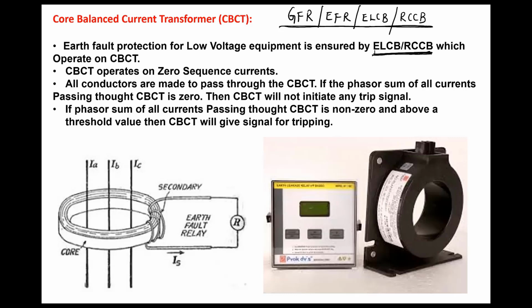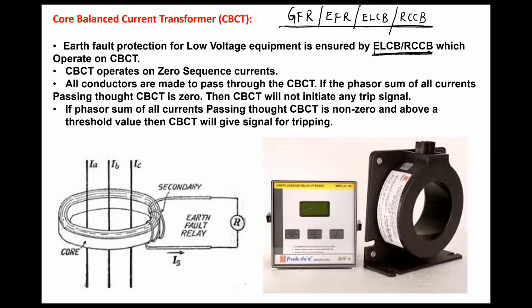The functionality is that whenever there is some leakage current through the ground because of some fault or short circuit, they immediately operate and trip the circuit. Why? Because the current may be flowing through a human body or an animal, so earth leakage faults are very dangerous.